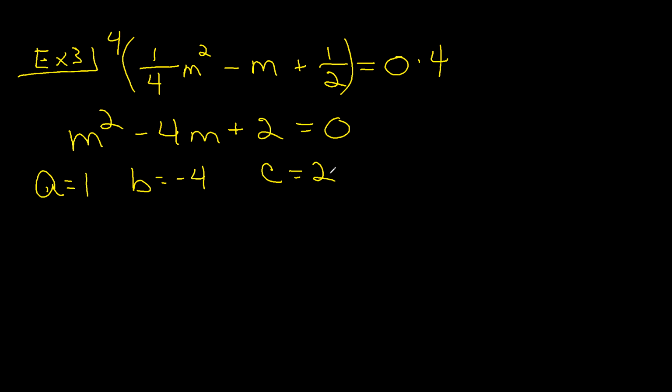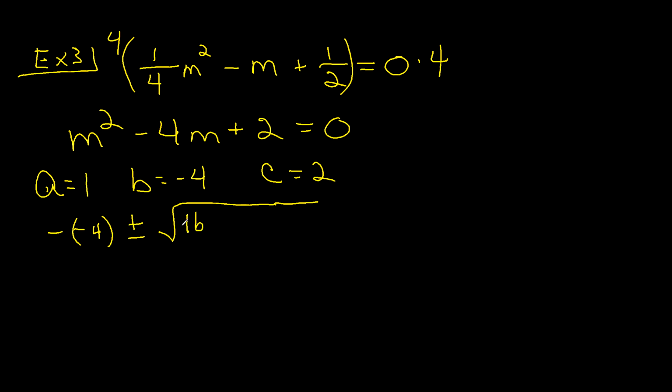Now I can use my quadratic formula to solve this equation. So let's see, I'll start over here. It's going to be negative b, which is negative negative 4, and plus or minus the square root of b squared, and that's negative 4 times negative 4, which is 16.